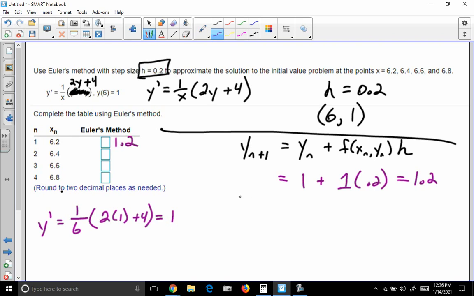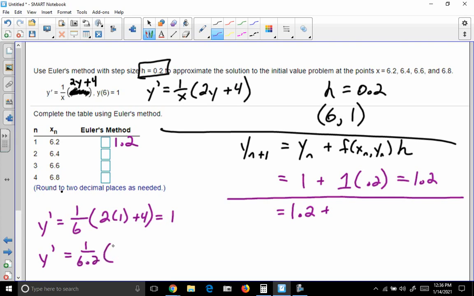And then we go through this again. So to get to the next point, we're starting at a y value of 1.2. Our slope this time is 1 over our x value here. So our current x value is 6.2. Our current y value is 1.2. So in place of y, put a 1.2.